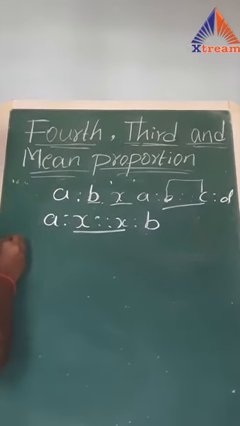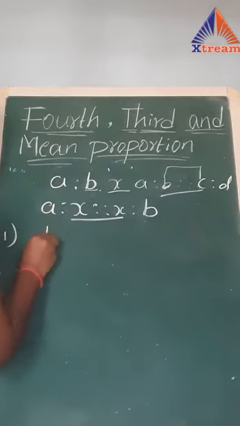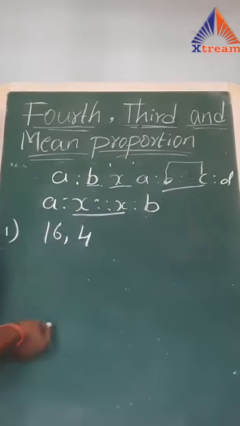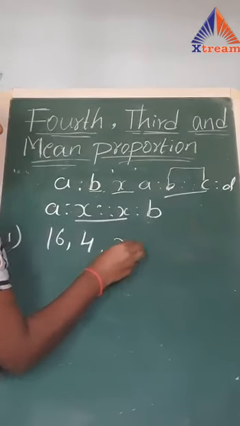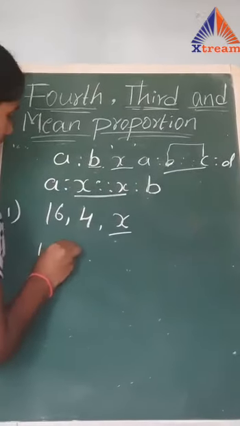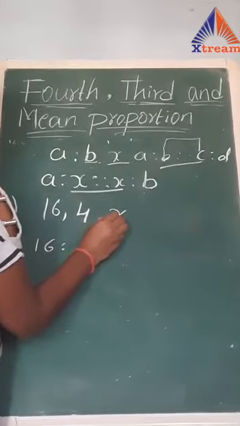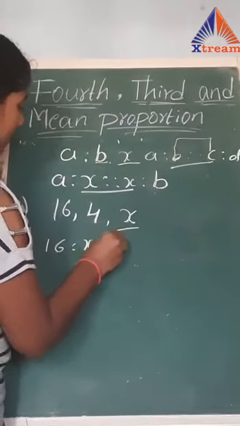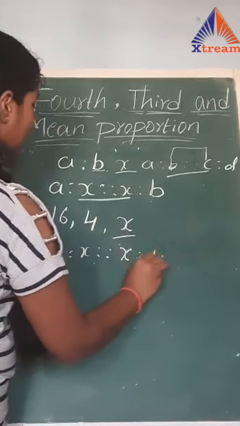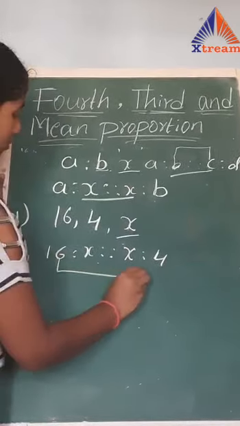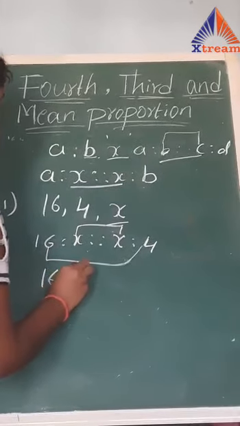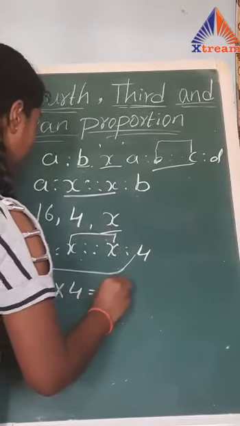Let's take an example now: 16 and 4. We write the mean proportion with x. The first term stays in the first place: 16 is to x as x is to 4. Now we do product of extremes is equal to product of means: 16 into 4 is equal to x squared.